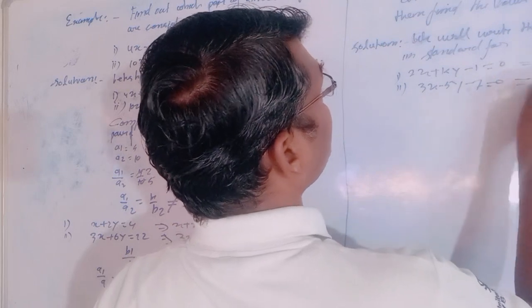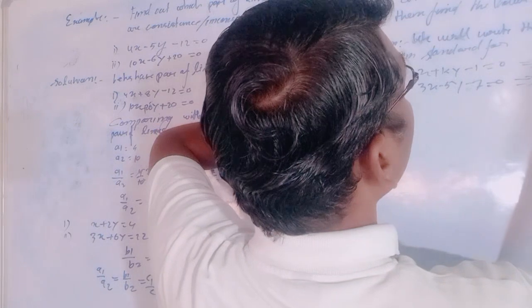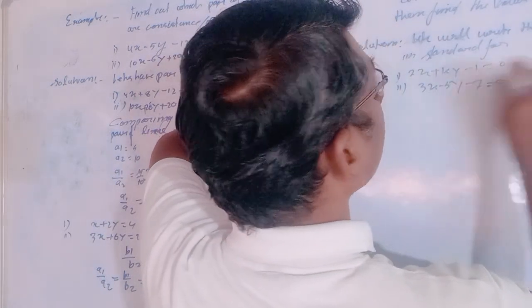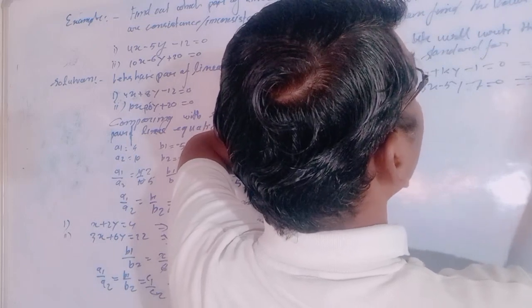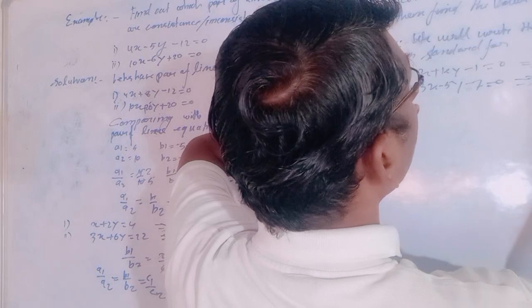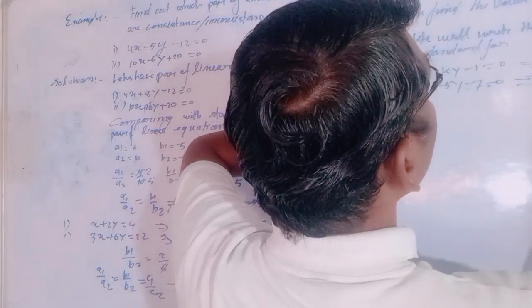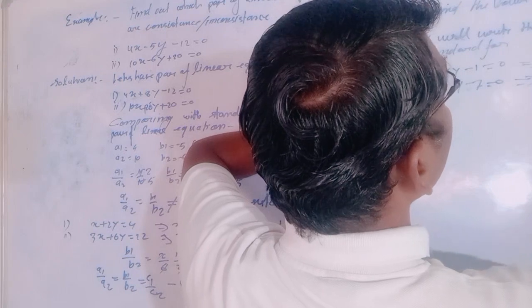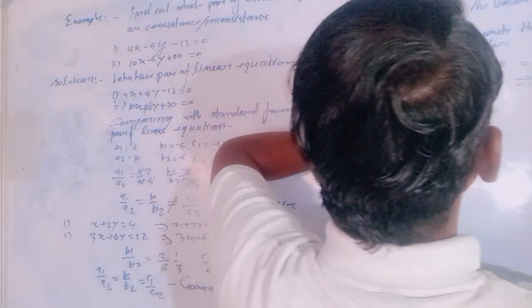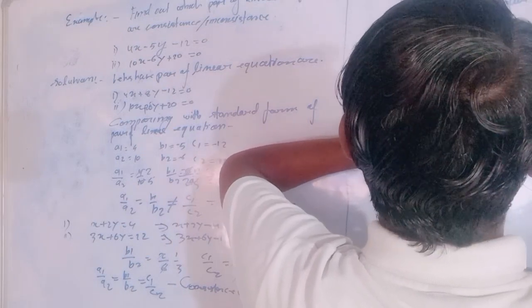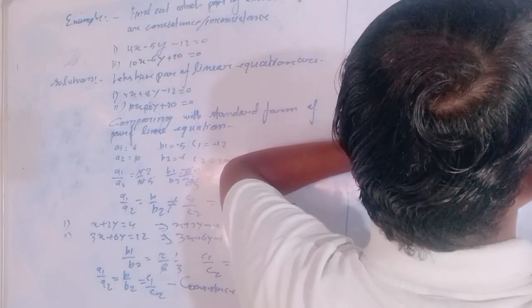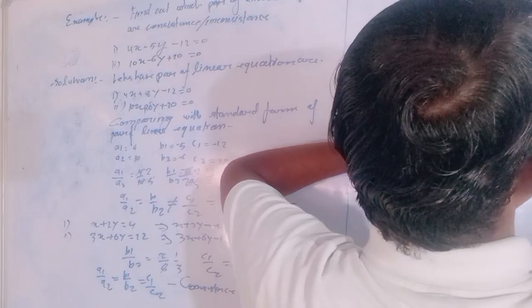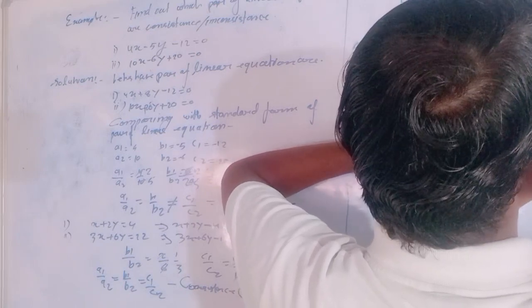Here we try to find a1 by a2, which is equal to 2 by 3, b1 by b2 is equal to k by minus 5, and c1 by c2 is equal to minus 1 by minus 7.